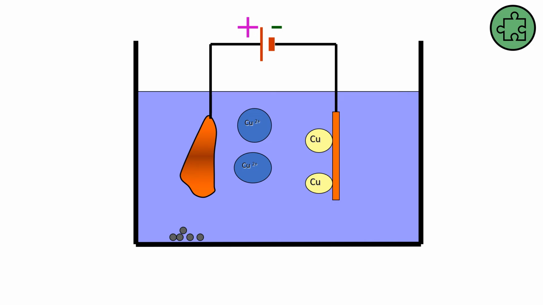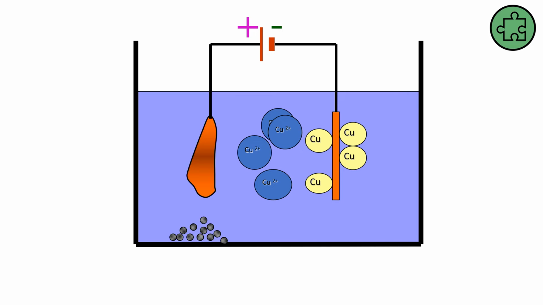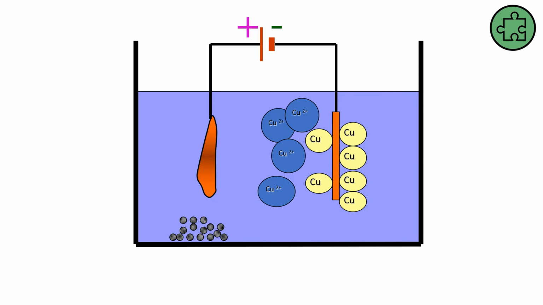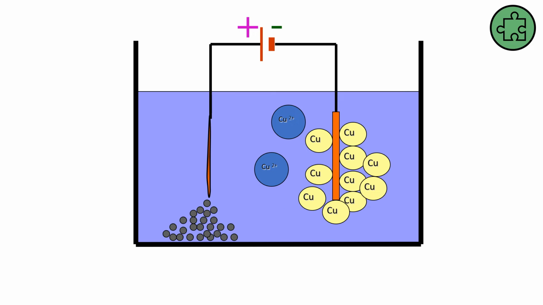They're going to drop to the bottom of the solution. Eventually more and more copper atoms become copper ions, go to the cathode and become copper atoms again. And you'll notice what's happening to the anode. It's getting smaller and smaller as more and more copper moves across.